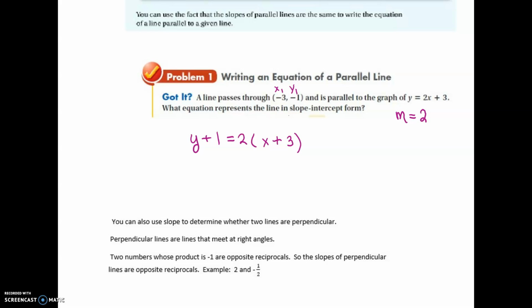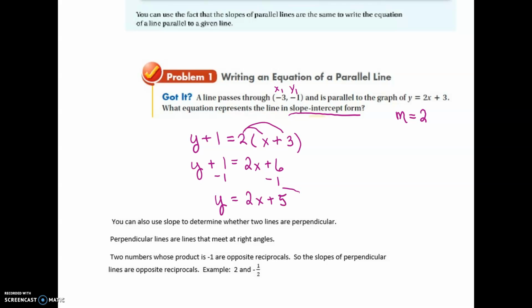Now we want it to be in slope-intercept form, so we would use the distributive property. y + 1 = 2x + 6. And then we would subtract the 1 to give us y = 2x + 5.